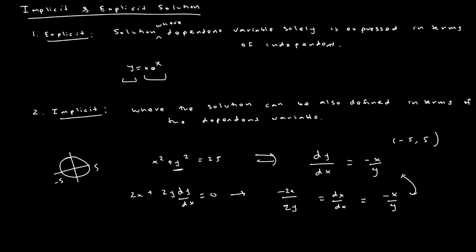And so we can take either the top half of the circle or the bottom half, and we know that we get different explicit equations for that. When we solve for y, we get y is equal to plus or minus square root of 25 minus x squared, right?